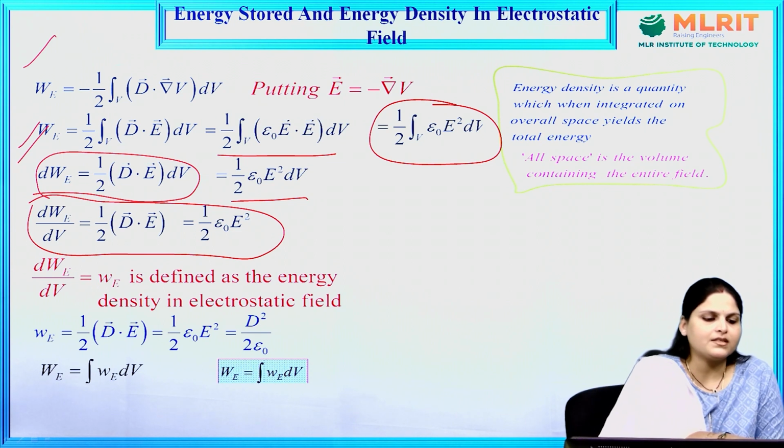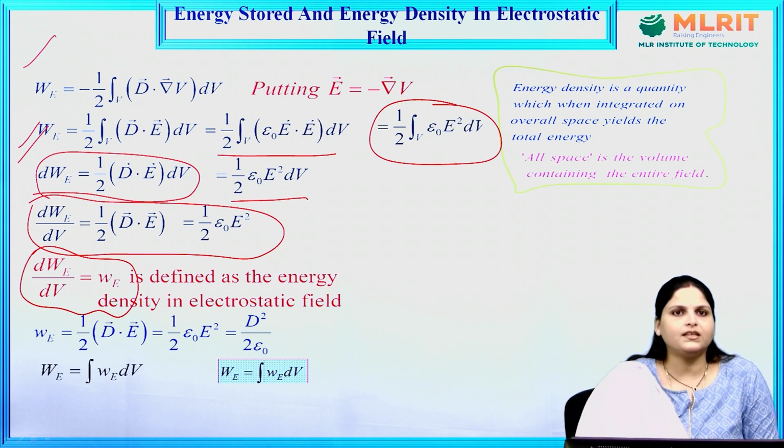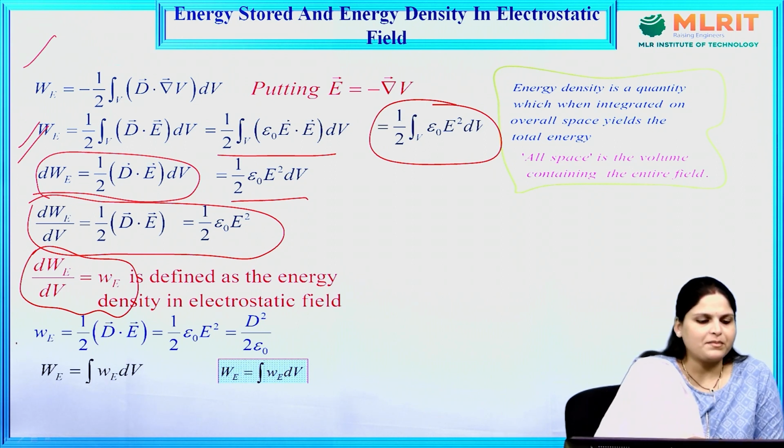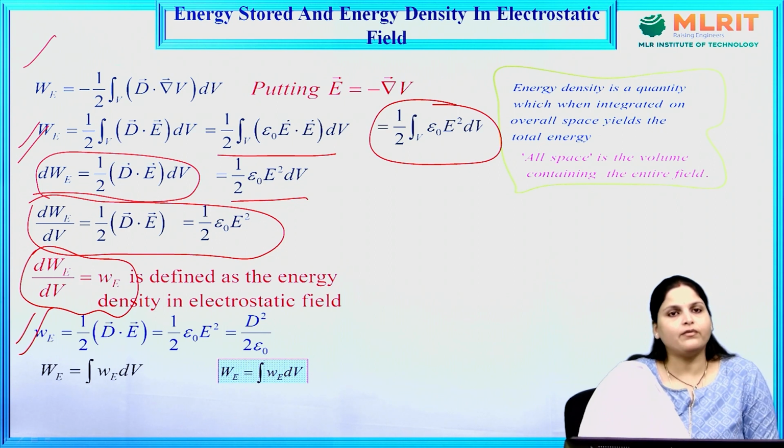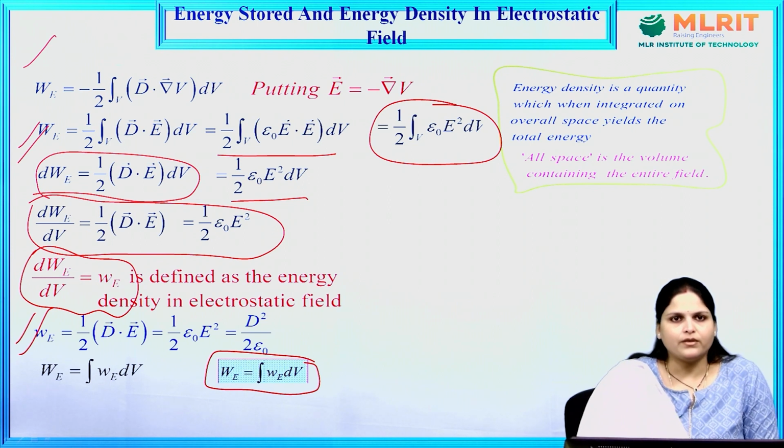So basically this term dWE by dV, small w, is defined as energy density in the electrostatic field, which can be written as 1 by 2 D dot E or 1 by 2 epsilon naught E square, or it can also be written as D square upon 2 epsilon naught. So basically we get one relation, WE equals integration of small w dV. So we can say that energy density is a quantity which when integrated over all space yields the total energy, and all space means the volume containing the entire field.